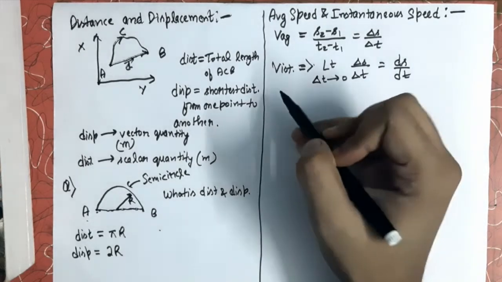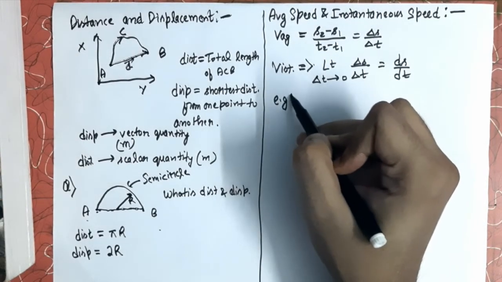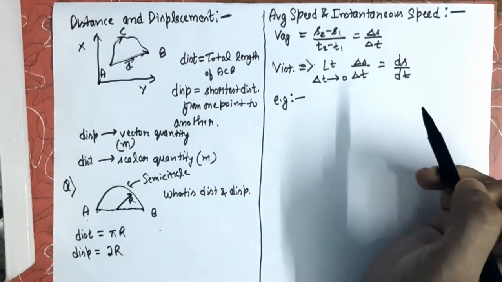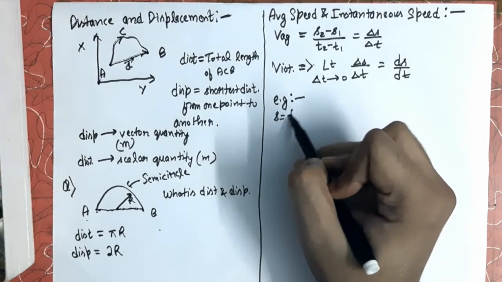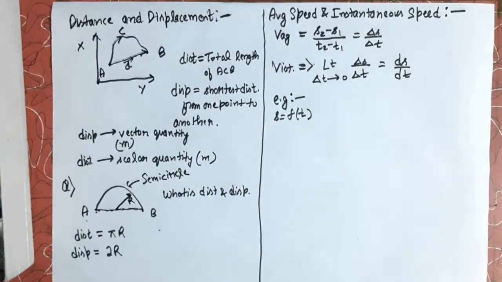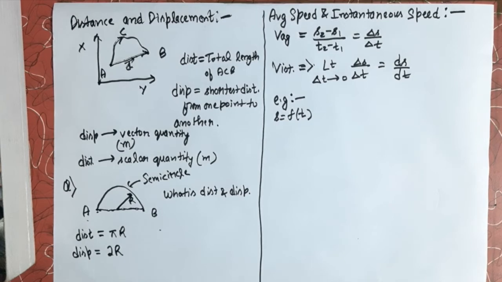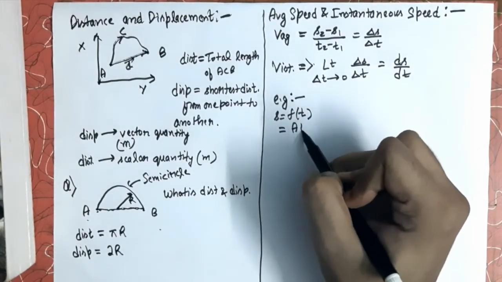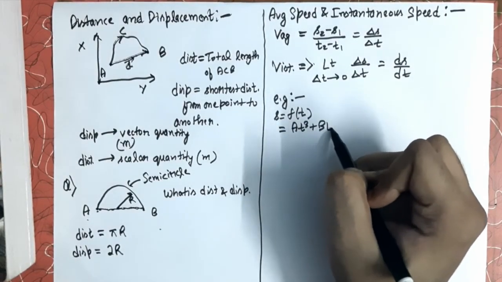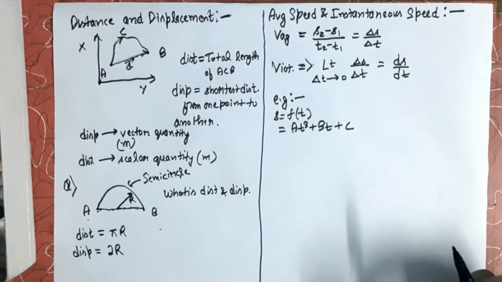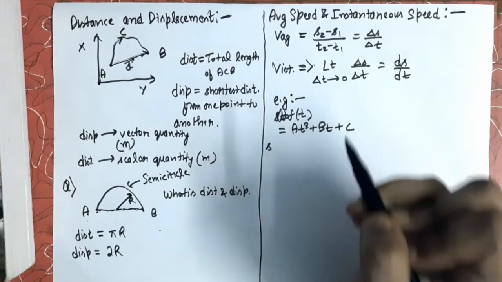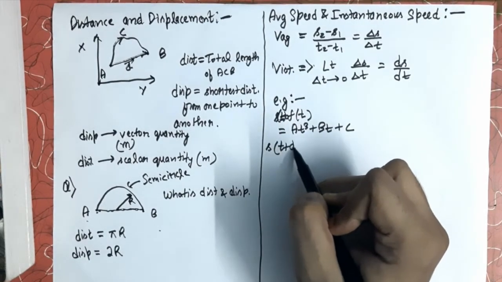Let's take an example. We all know that distance is a function of time. At what time you are at what position gives us the distance traveled. So let's take this function to be a t cube plus b t plus c. This was s of t. Now what is s of t plus dt?